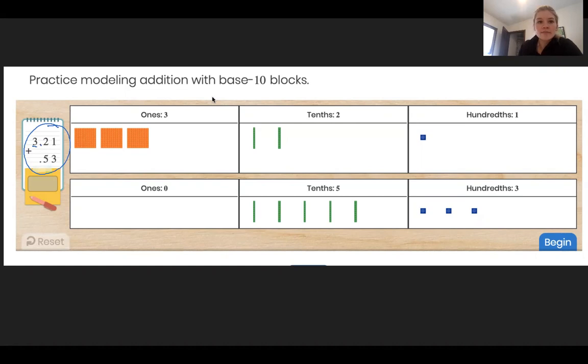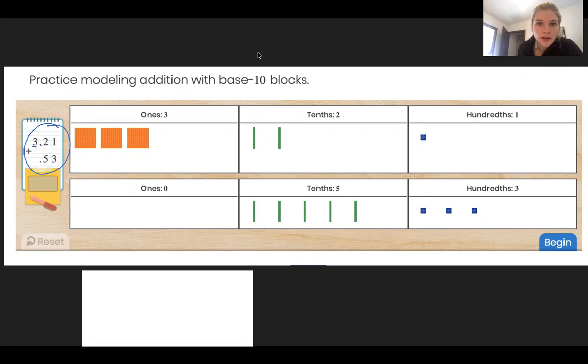So let's quickly remember what our place values are. Okay. So we have our decimal point, right? And then we have different place values on both sides of it.